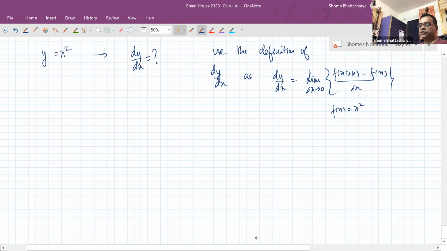Okay, try this yourself, see what you get. Yes, once that is correct. Okay, but I want you to actually calculate it by using the limit method. Yes, Vatsal, that's correct. Very good.